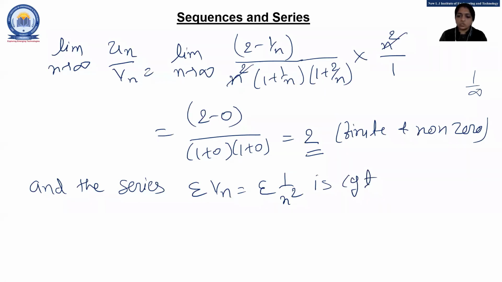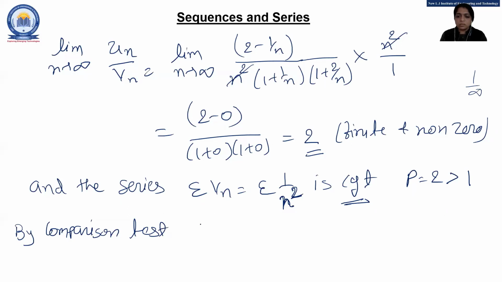How? Because as per the P series test, this P equals 2, which is greater than 1. So by the P series test, this vn is convergent. And by the comparison test, vn convergent, therefore un is also convergent.